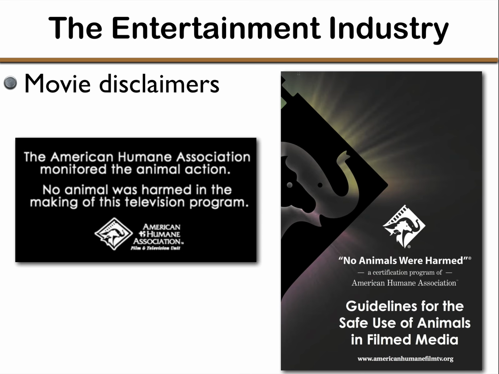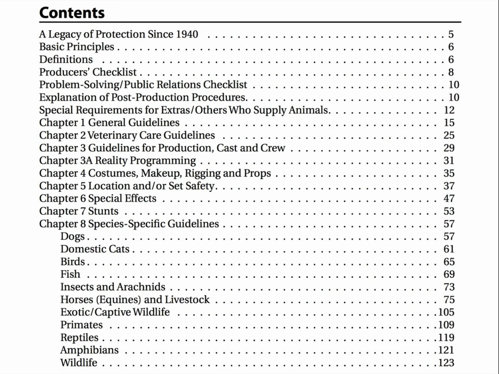If you just look at the table of contents of this booklet that has these guidelines, there's 123 some odd pages in there, and there's an awful lot of introductory detail, the initial 7 chapters that deal with various aspects of movie production, followed by very specific guidelines for different kinds of animals that are used in motion pictures. And you'll see that even insects and spiders, which are arachnids, are covered in these guidelines.